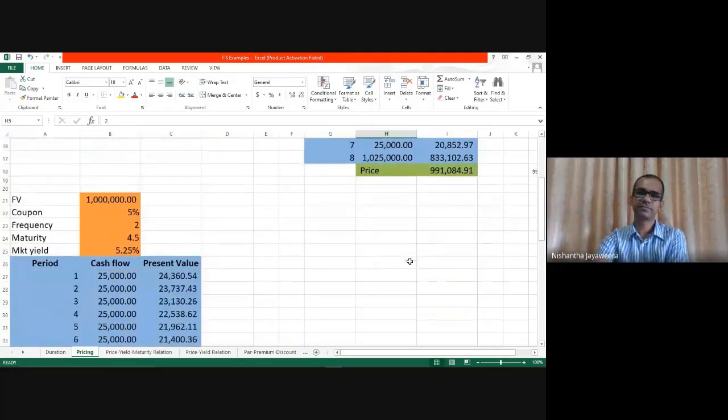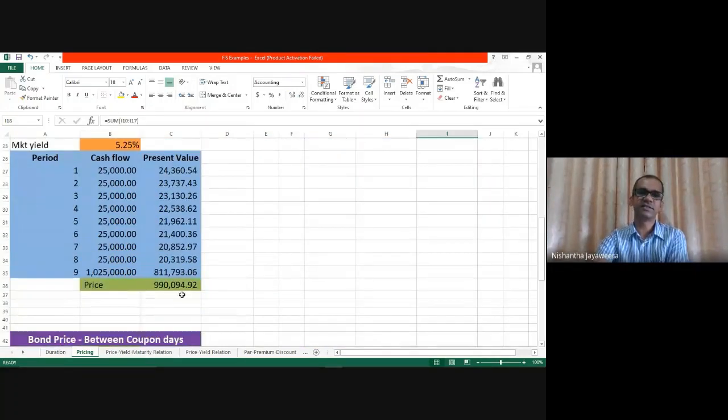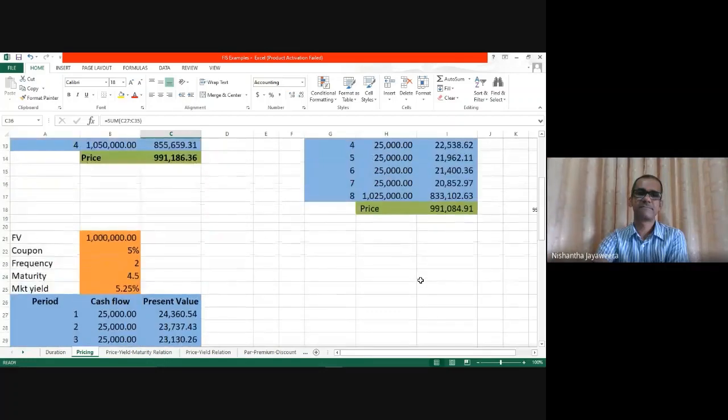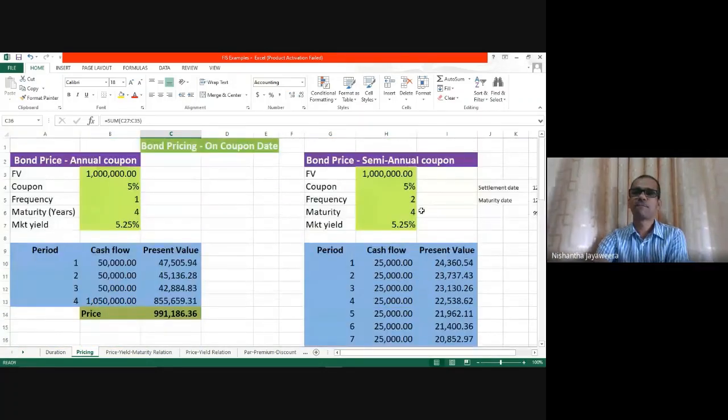What is the difference between this and this? What are the terms here? What's the difference here?